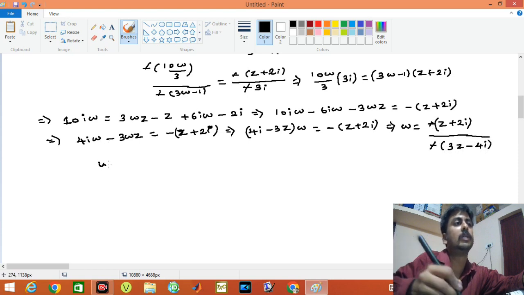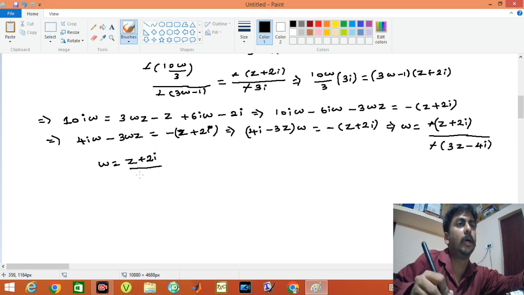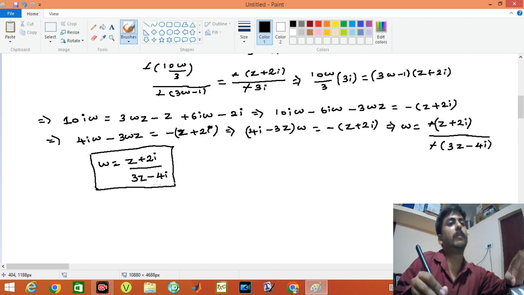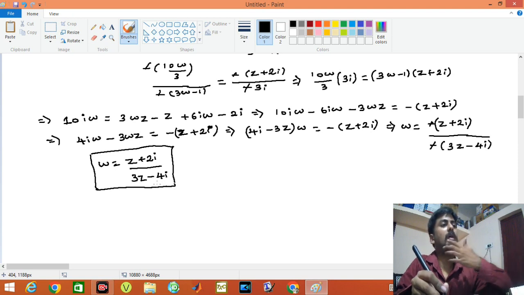Finally we get w equal to z plus 2i divided by 3z minus 4i. So this is one result, this is the required transformation.